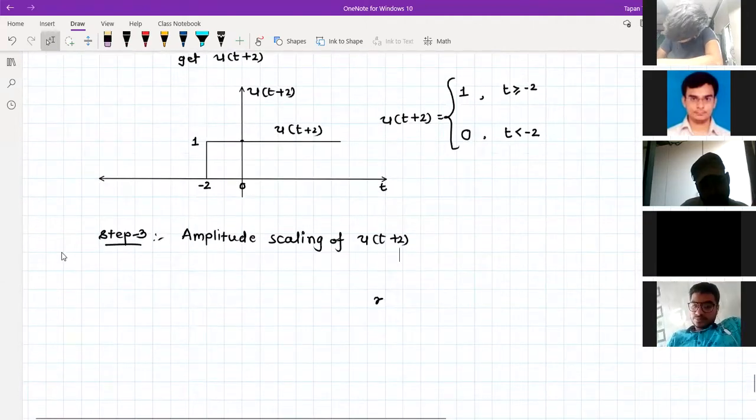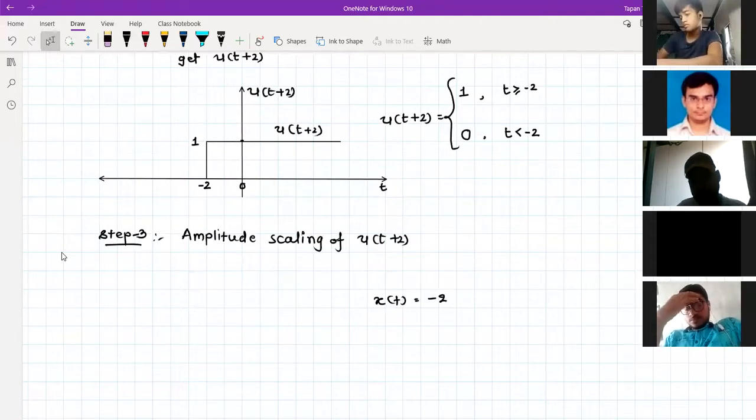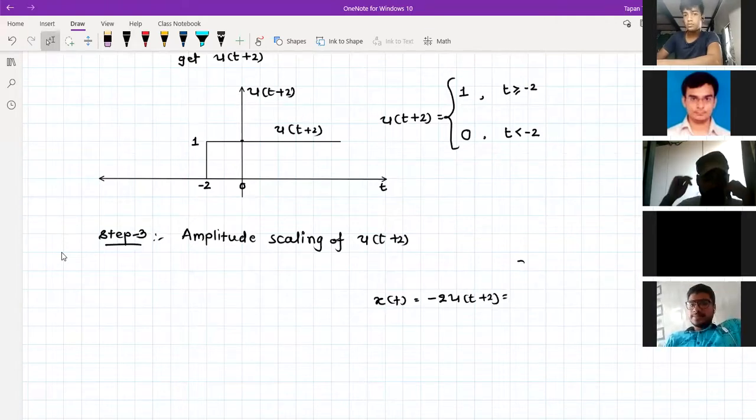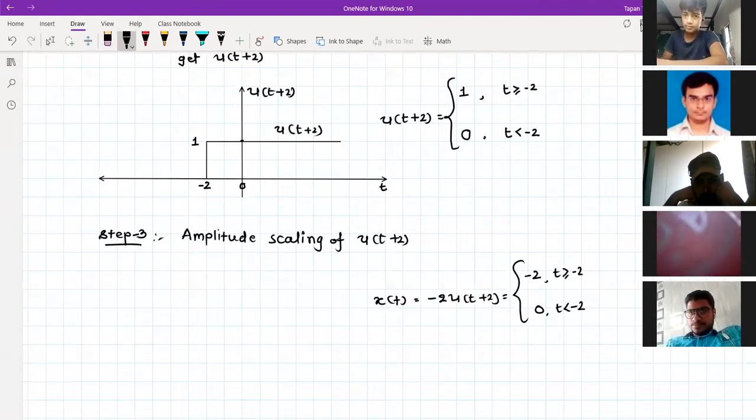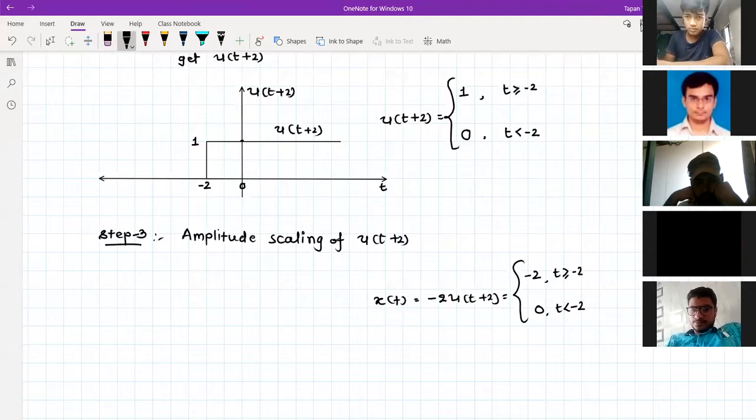So x of t, which is equal to minus 2 u of t plus 2, is equal to minus 2. It's very simple. Minus 2 for t greater than or equal to minus 2 and 0 for t less than minus 2. We are multiplying the original signal with minus 2.